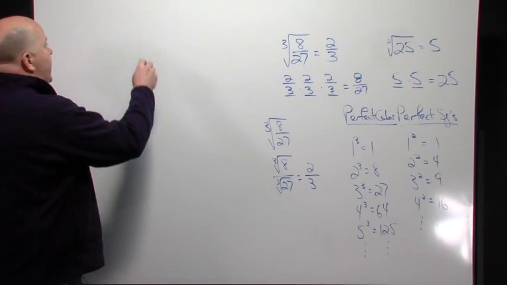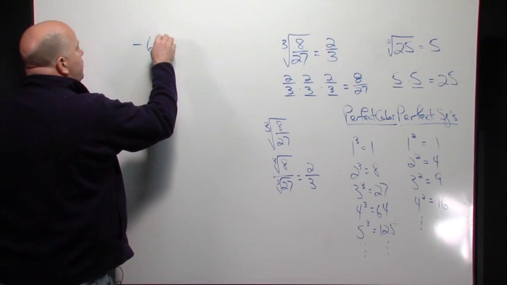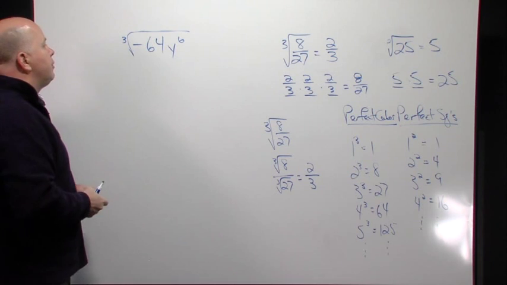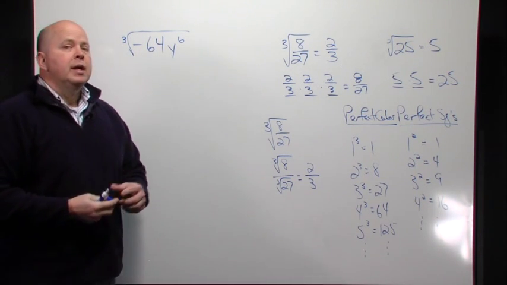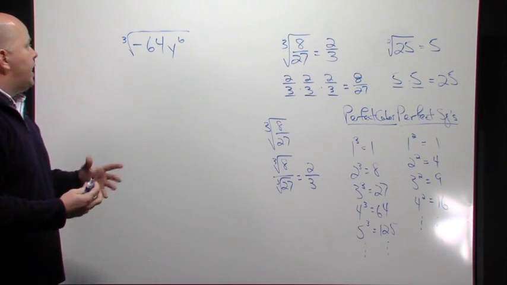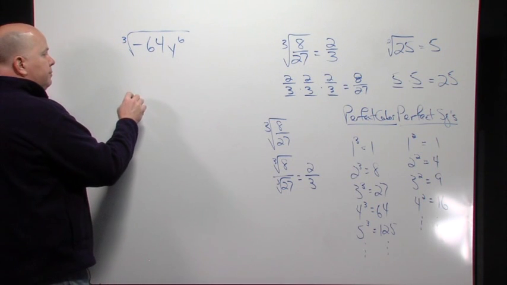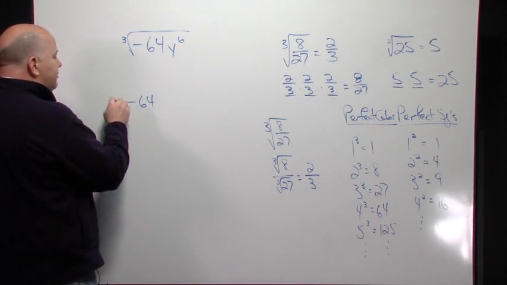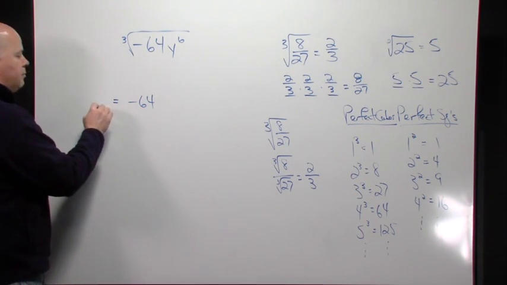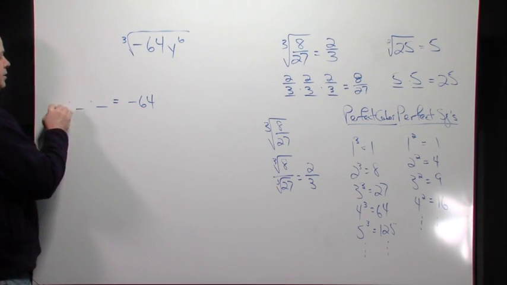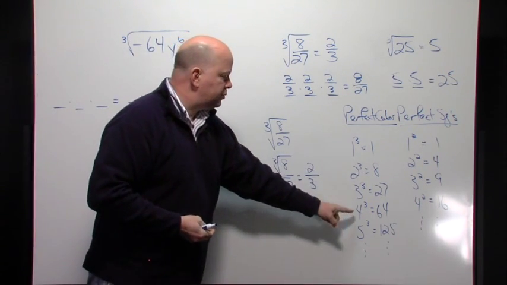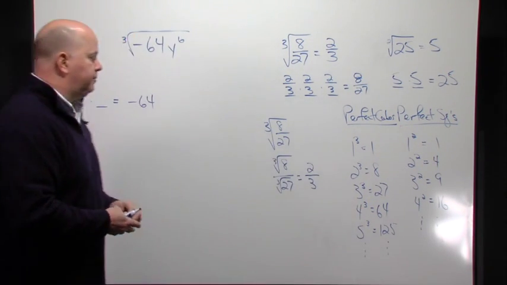Now, another question we have, if we include a variable term, and we want to find the cube root of this, again, the same logic we can apply. Essentially what we're looking for, if we look at the 64 component first, we're trying to find three numbers that multiply together to get 64. Well, from our perfect cube list, we see that 4 cubed equals 64.